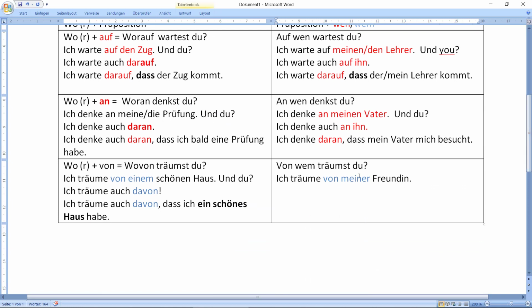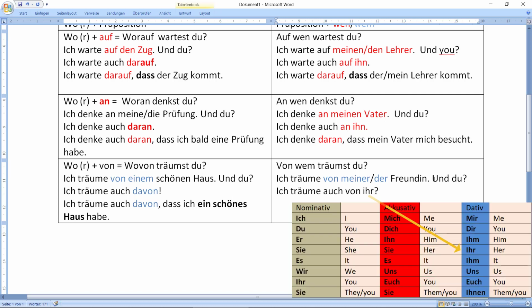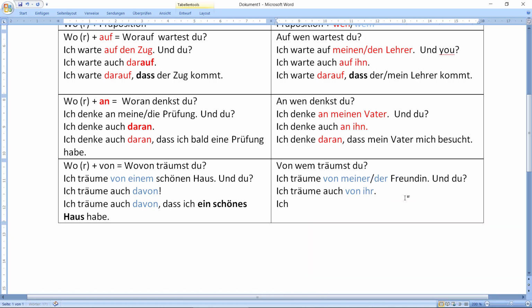Ich träume von meiner Freundin, von der Freundin. Und du? Ich träume auch von ihr, but I am dreaming also of her. We can also say, ich träume davon, dass wir zusammenleben. I am dreaming of living together, to be together.